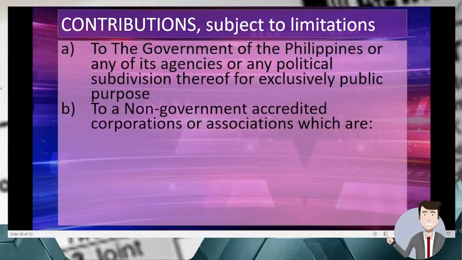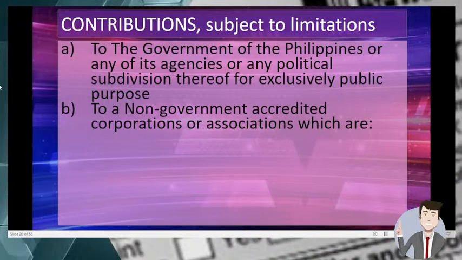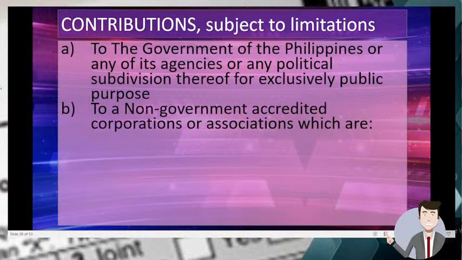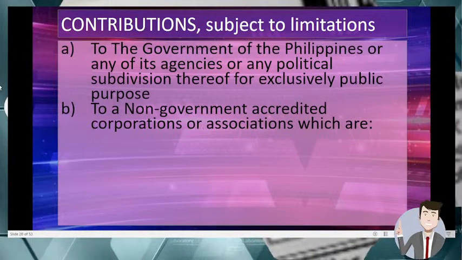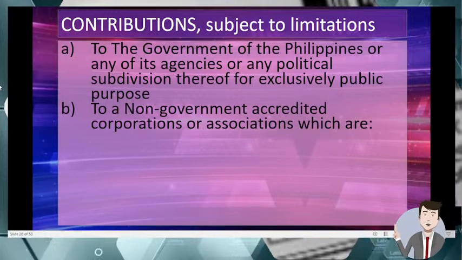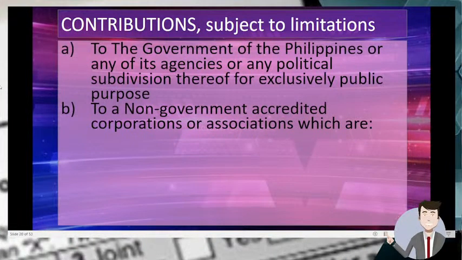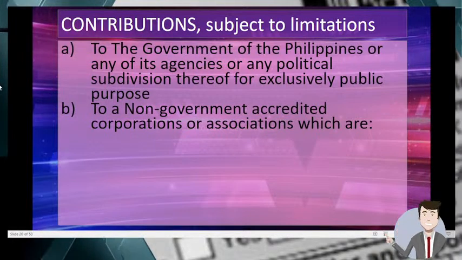Okay, so those mentioned in letter A earlier, but there are no priority activities. So, the priority activities were not mentioned earlier. So, in that case, your donation or contribution can be claimed, but it is subject to limitations.